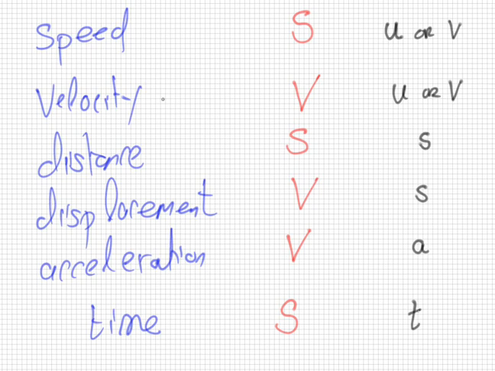T. Which one of these needs more information? Well, speed, I need to tell you if the car is going forwards or backwards, so you know if it's plus or minus. What else needs more information? Displacement, because you want to know if the car is 10 meters forward or 10 meters backwards from the start, or whatever.